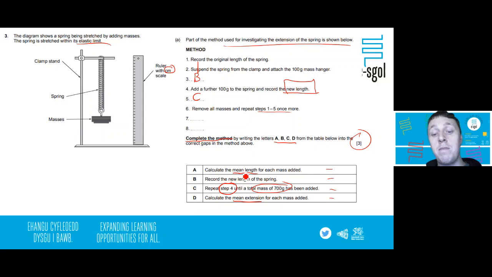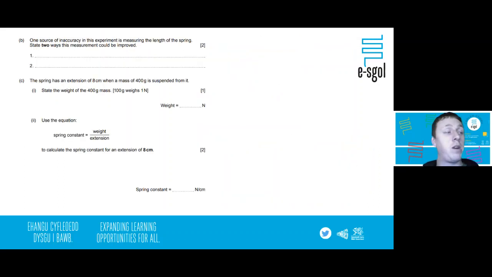Remember, mean, we need to have multiple readings, so both terms make sense after 6. And to calculate extension, we first need length. So it makes sense that A would be before D. So a nice question here, we worked through the steps and we've used the process of elimination to put them in the correct place.